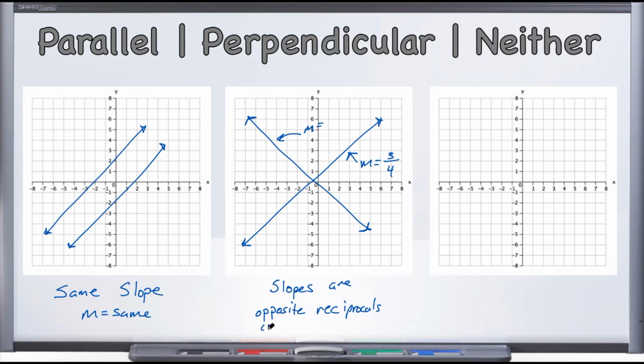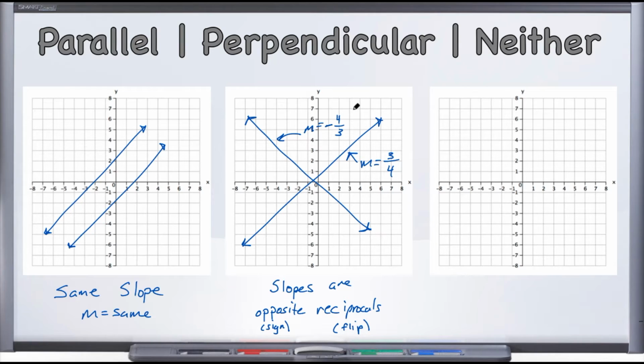If the first slope we're comparing is positive, well then the opposite would be negative. And then reciprocal refers to actually flipping the slope itself. So here we're given a positive 3 over 4. So the perpendicular line to that will have a slope of negative 4 over 3.